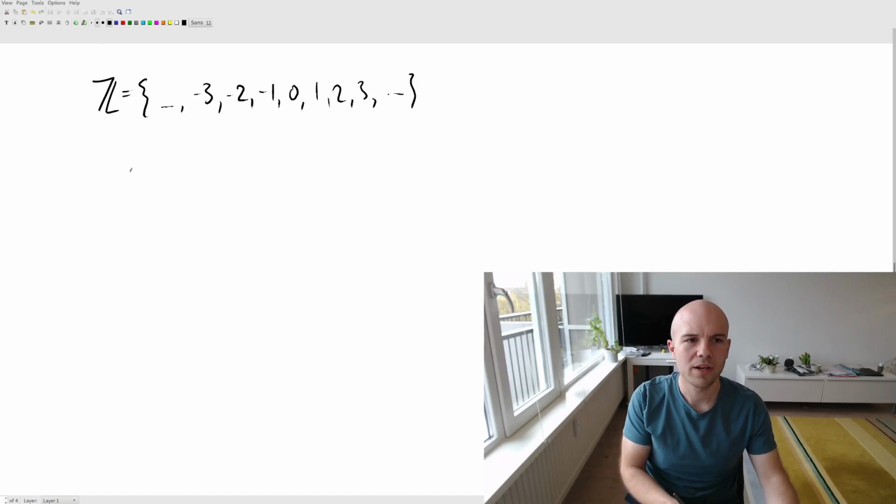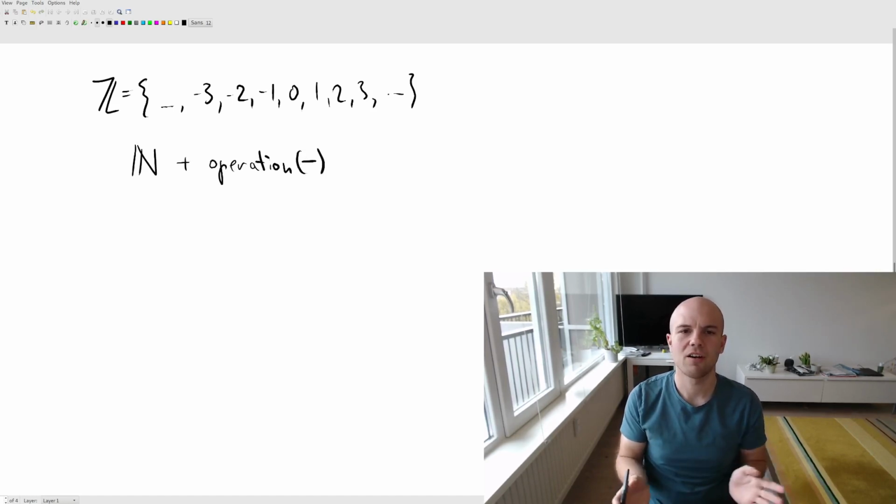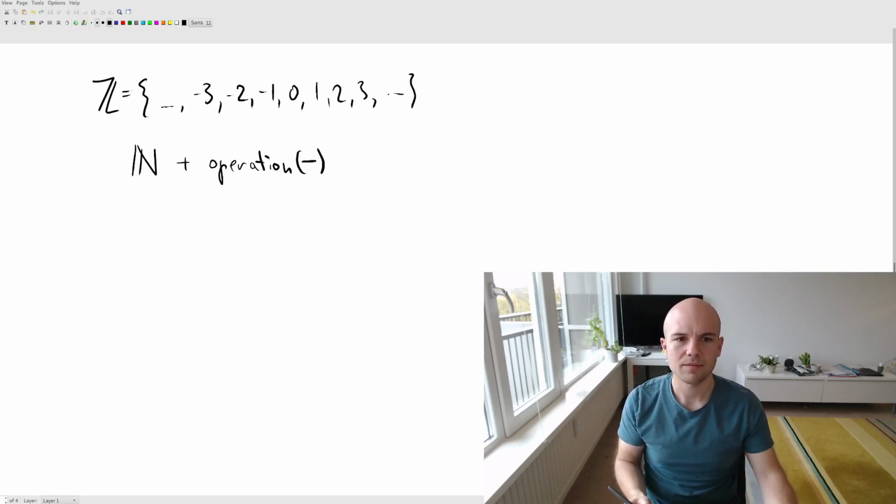One very important way to think about the integers is as the natural numbers plus the operation minus. Essentially, the integers are what we get when we take the natural numbers and add all the elements that are necessary to make subtraction work.